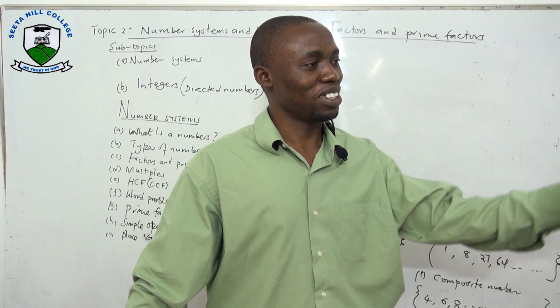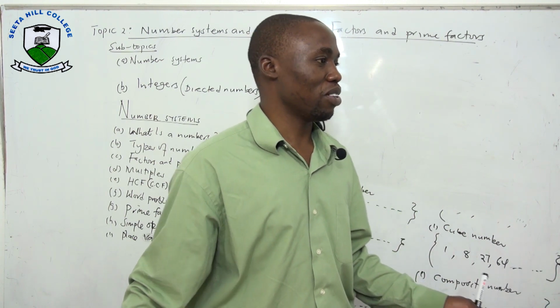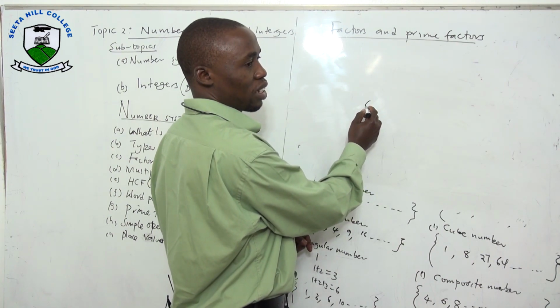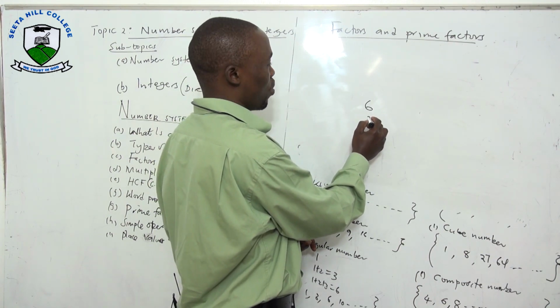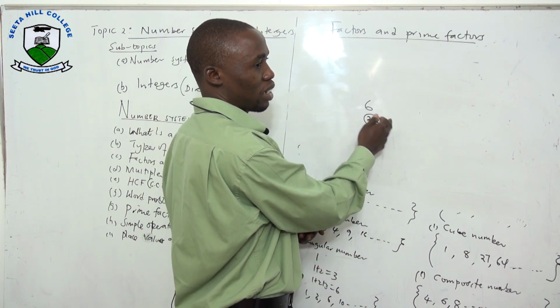I want Patience's answer. What is to be a factor? Could you give me an example of a factor of 6? Yes? 2 and 3. What is the relationship between 6 and 2 and 3?